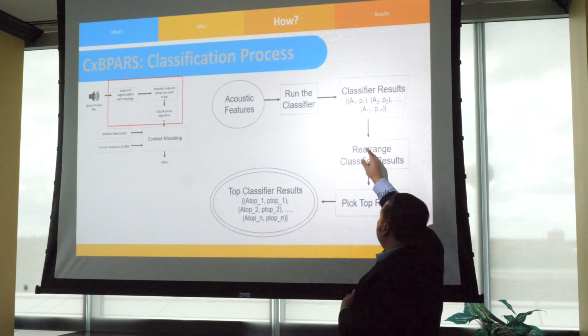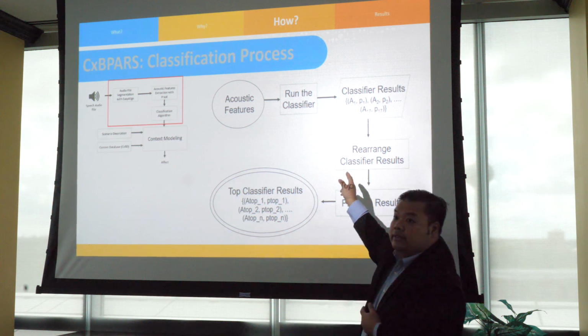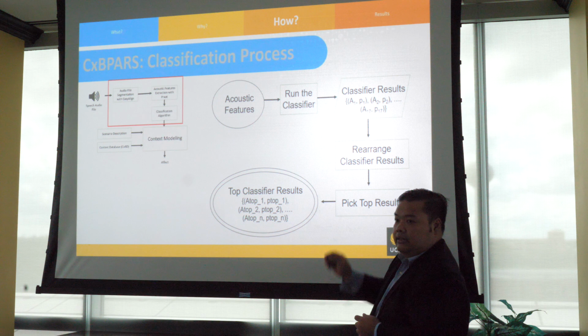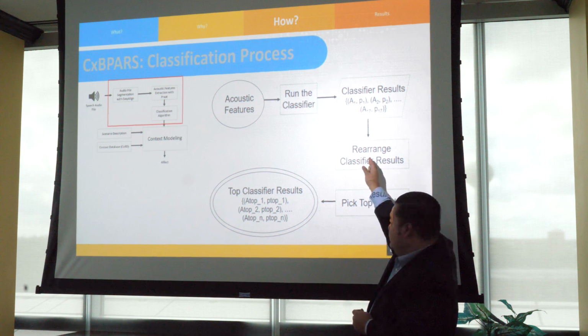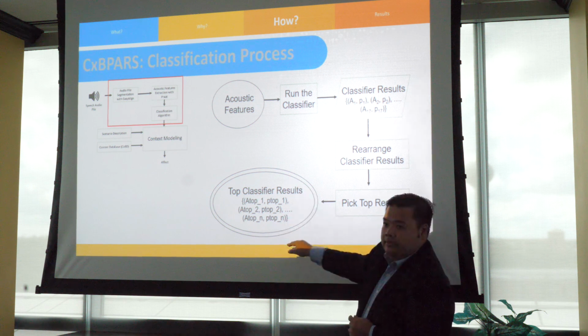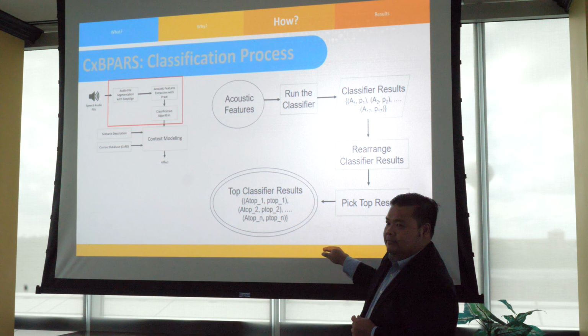The total sum of the P1 to P17 must be 1. Based on that, we arranged the classifier results from the highest to the lowest, and then we pick the top result, and that's where we are for the state. Okay. So far, so good.